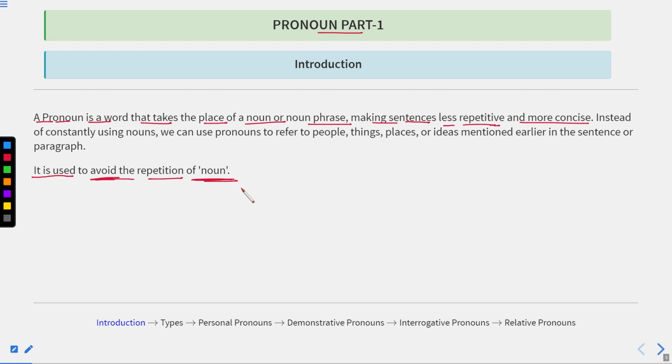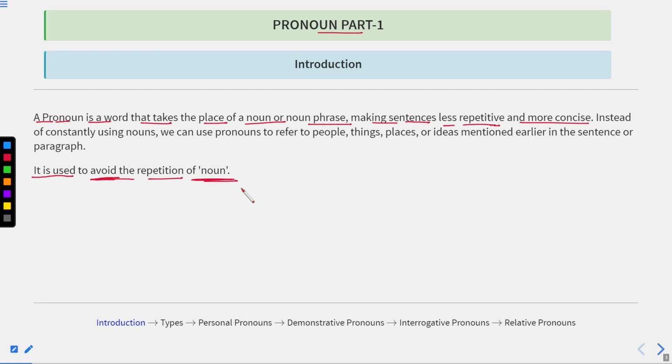For example, if I say Ravi loves Ravi's parents, in this sentence we are only noticing a single word, that is Ravi. But if I say Ravi loves his parents, now if you listen to this sentence carefully, you will find that this sentence is more appropriate than the first one.